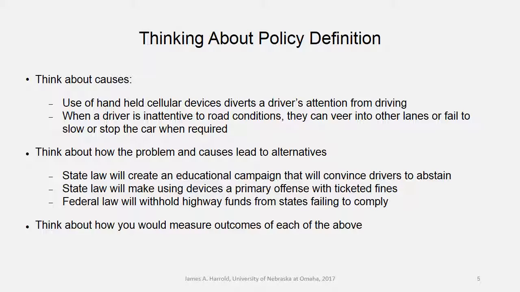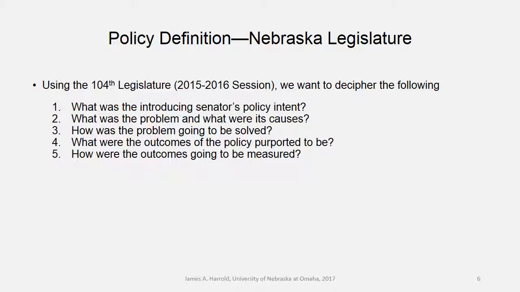Now, I will tell you that for your project, when you submit your problem statement, I'm not going to ask you to outline all the outcomes, but it's important to understand that your problem statement is going to lead to the creation of outcomes. And so this exercise this week is going to help you think through that.